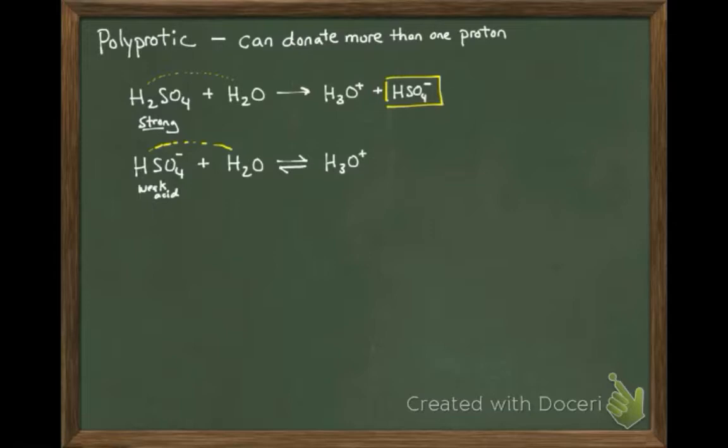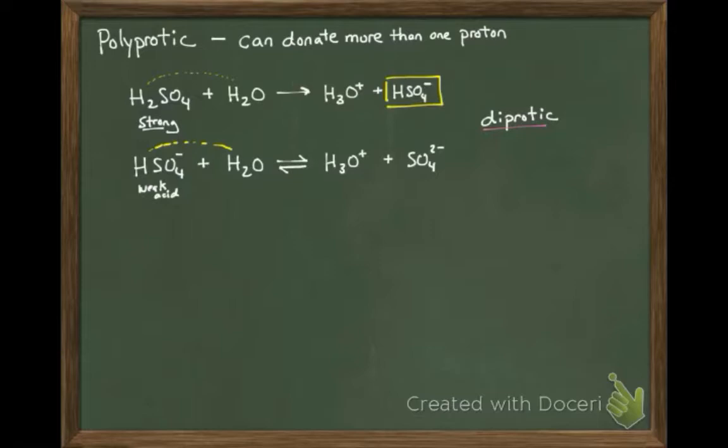Now if we remove H+ from HSO4-, that will give SO4 2-, sulfate. So this is a diprotic acid. H2SO4 has 2 protons. The first one is strong.